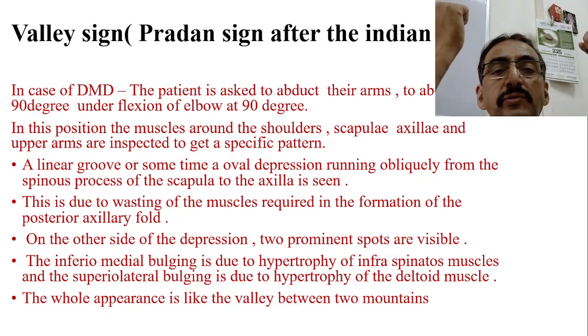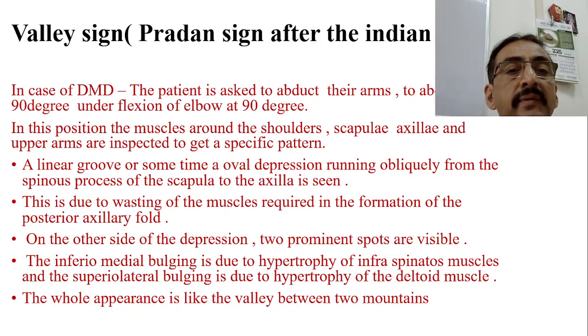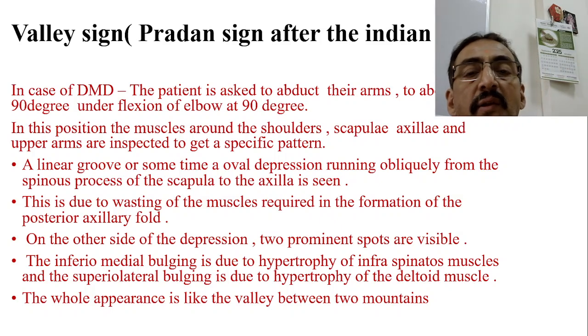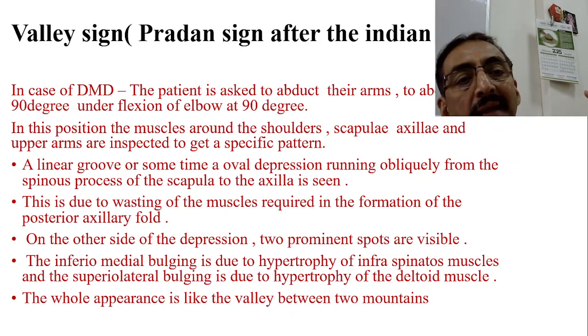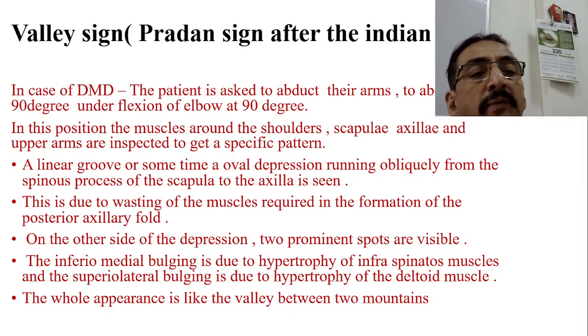Then he has to raise the hand. Then he is asked to abduct the arms. In this position, muscles around the shoulder, scapulae, axilla and upper arms are inspected to get the specific pattern. A linear groove or sometimes an oval depression running obliquely from the spinous process of the scapula to the axilla is seen, and this is due to wasting of the muscles required in the formation of the posterior axillary fold.